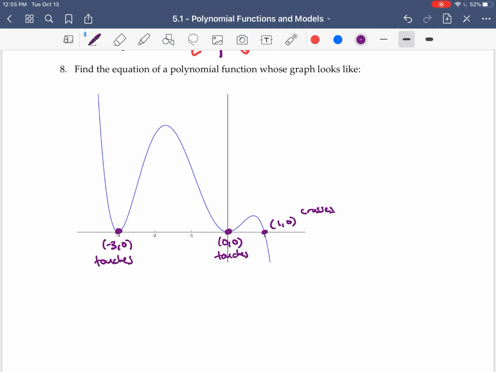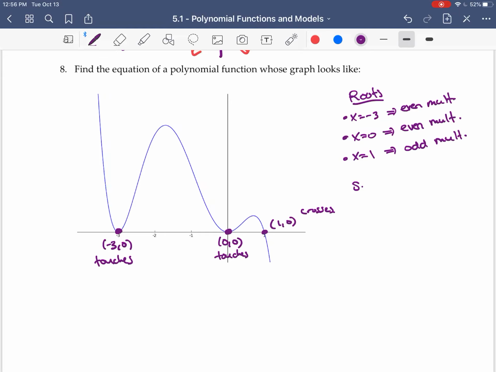Okay, so then I have roots. Okay, so x equals -3, and it's going to have even multiplicity because it just touches. Okay, x equals 0 also has even multiplicity because it just touches. And x equals 1 has odd multiplicity.